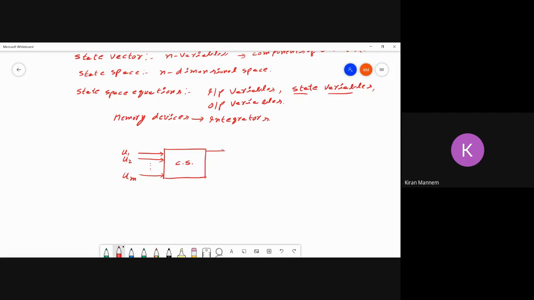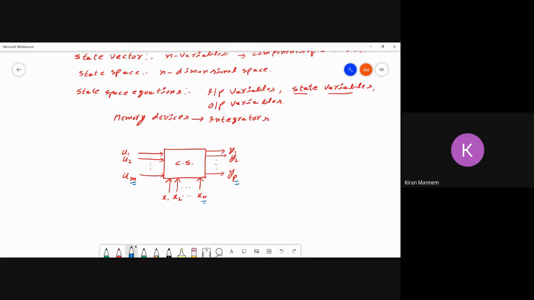And the output variables can be represented by y1, y2, till yp. And these are the state variables, represented by x1, x2, xn. So you must remember this m, p, and n.